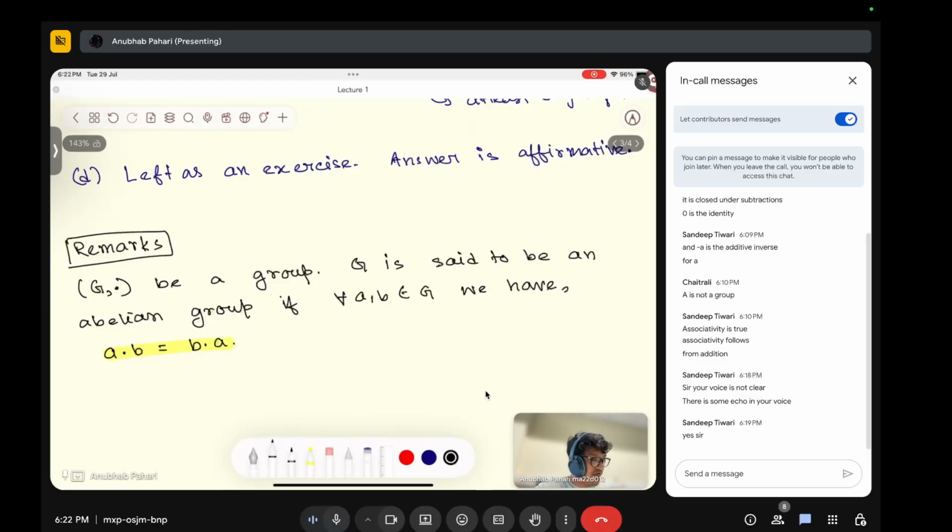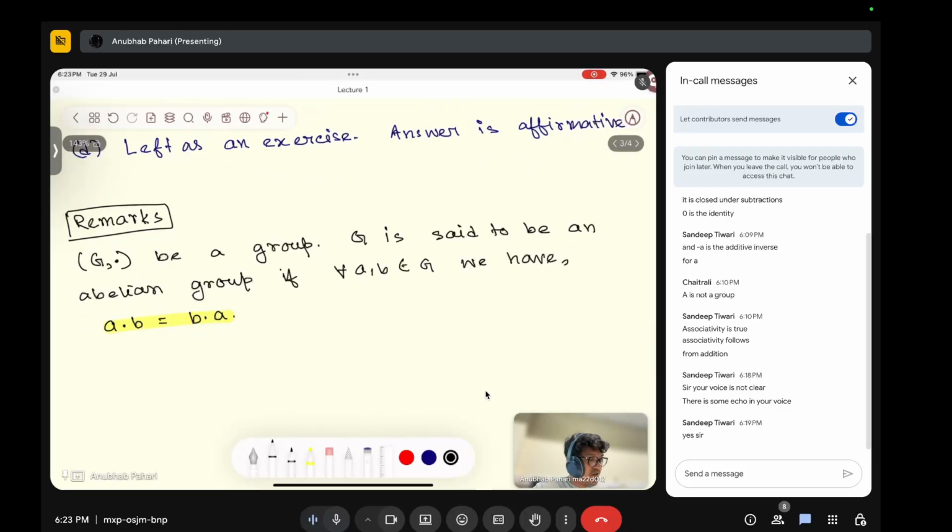So that means they commute with each other. In group theory, we say this as abelian group, but when we go further, like in ring algebra, they are called commutative objects.